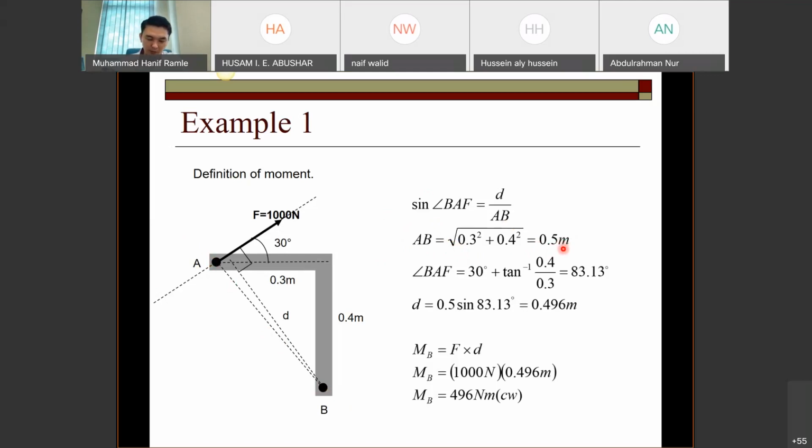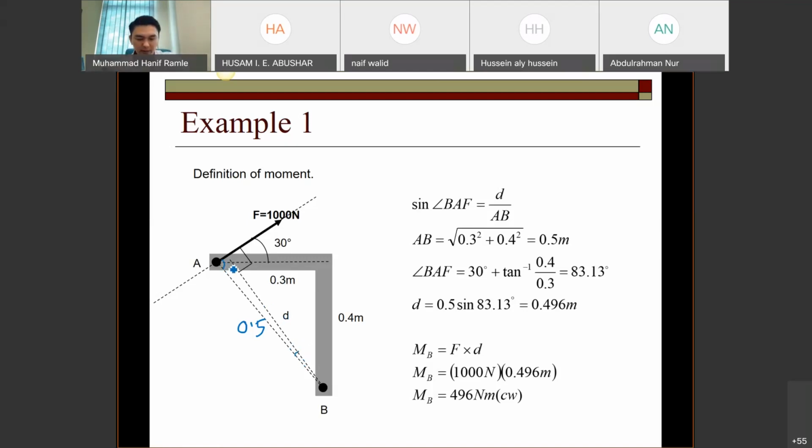So let me write this down, 0.5. The other thing is that, if you want to use trigonometry, you have to find this angle or this angle.